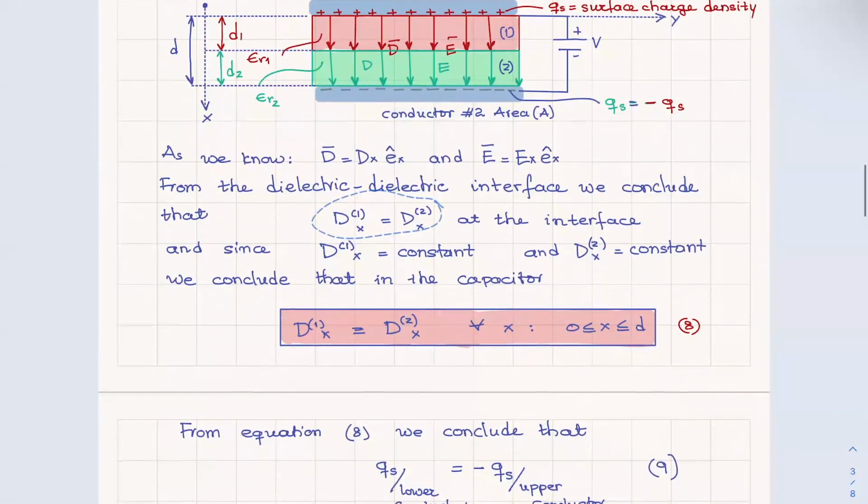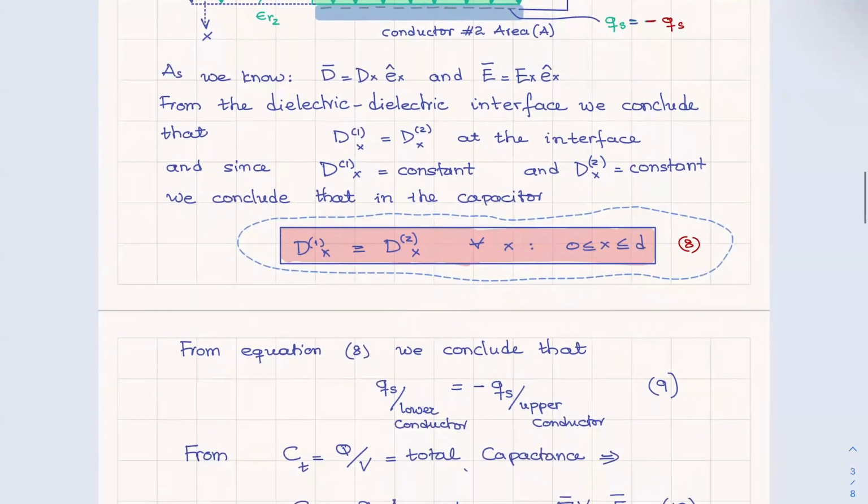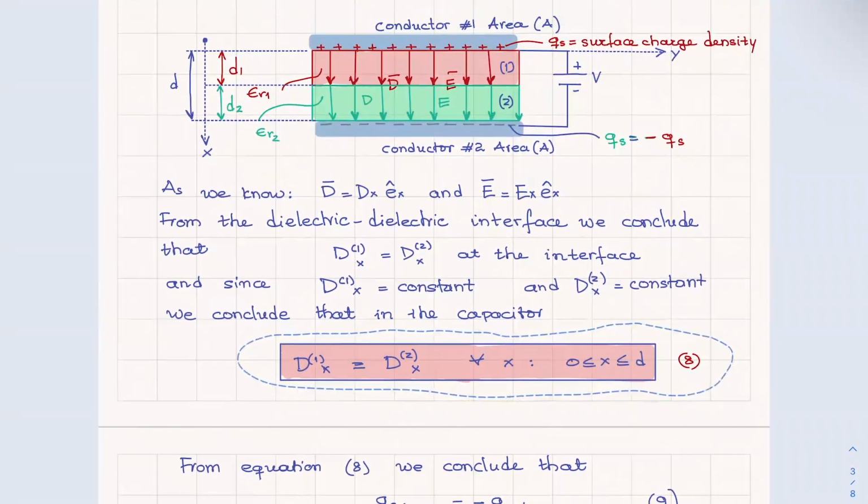All right. So I'm writing as part of equation 8, and it's true all along the interface. So now, what is the other thing that we have? That the surface charge depends on the total charge and the area.